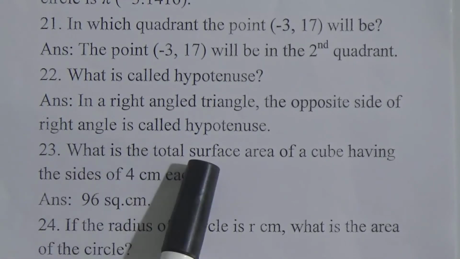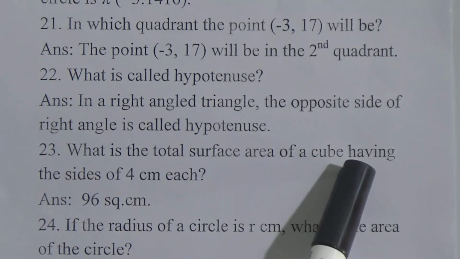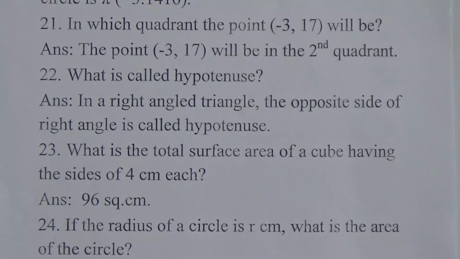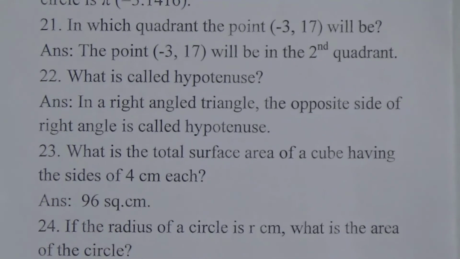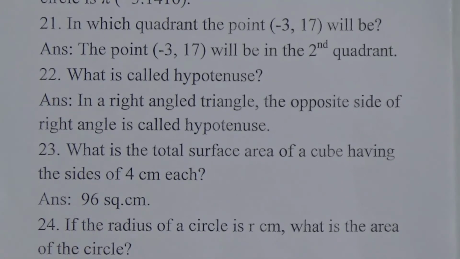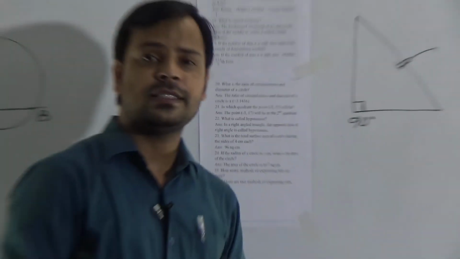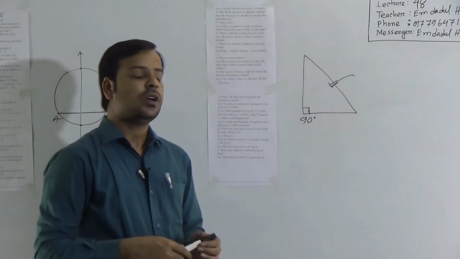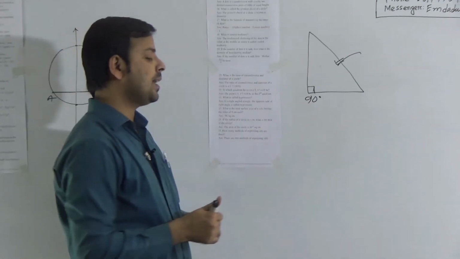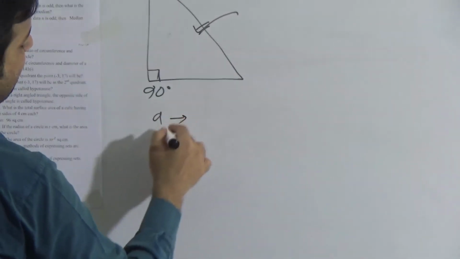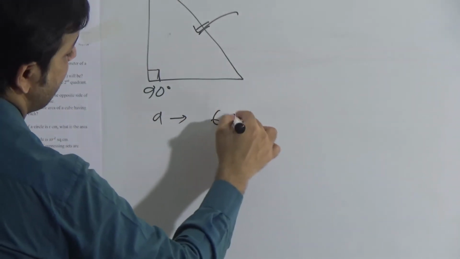What is the total surface area of a cube having sides of 4 centimeters each? We have to find the total surface area of a cube. Dear students, you know a cube has 6 surfaces and the area of each surface is the same. So there is a formula: when the edge of a cube is a, the total surface area is 6a square.